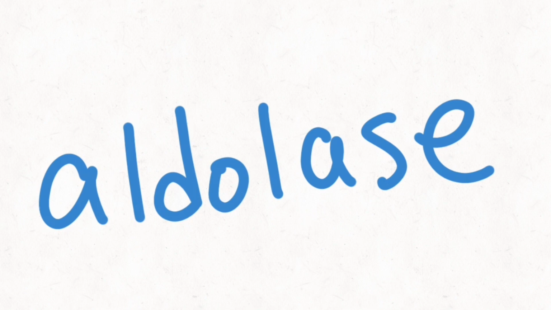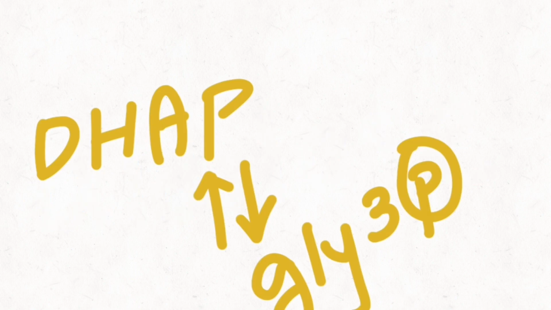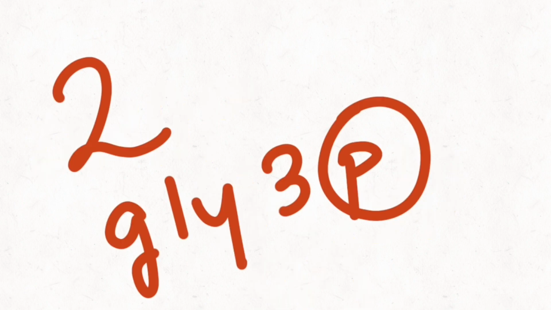It's going to produce energies from now on, and the DHAP molecule will convert into glyceraldehyde 3-phosphate pretty fast. So instead of DHAP, we're going to use glyceraldehyde 3-phosphate, and it's going to convert really fast. So now we're going to have 2 molecules of glyceraldehyde 3-phosphate instead of 1.